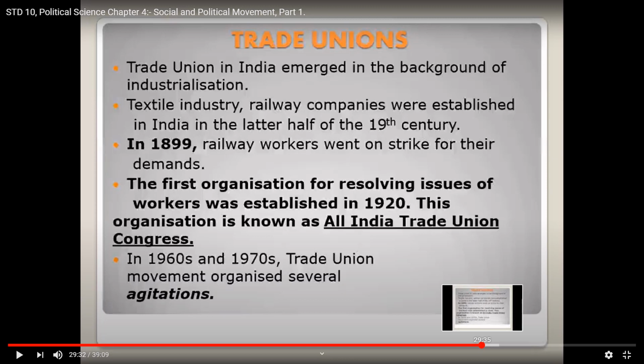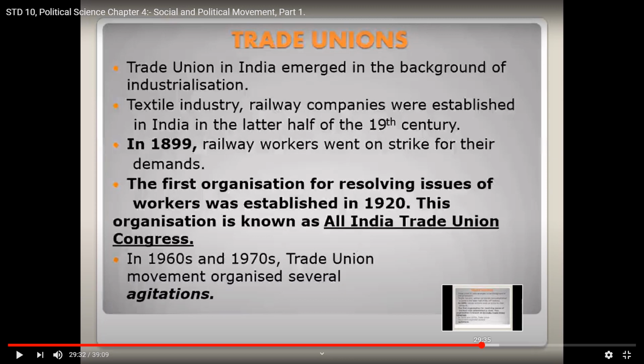In the 1960s and 70s, the trade union movement organized several agitations. Now if you see, trade unions, what are they? They are basically the backbone or the support system of the workers in that particular company. Every company or every workplace has a trade union, and these are very important.